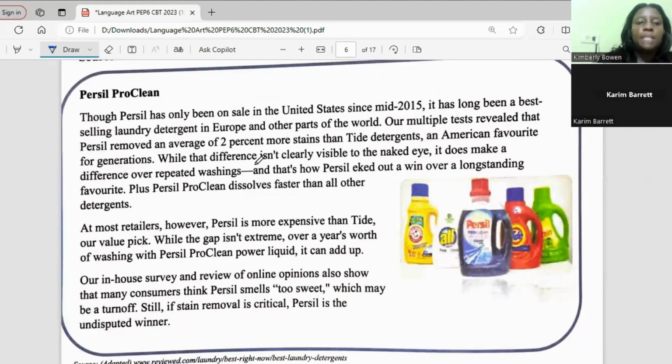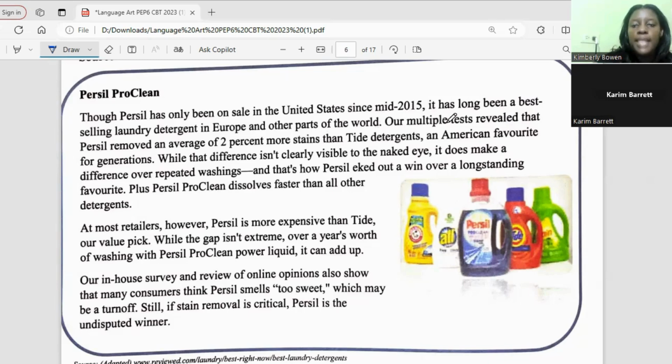The title is Persil Proclean. Though Persil has only been on sale in the United States since mid 2015, it has long been a best-selling laundry detergent in Europe and other parts of the world.